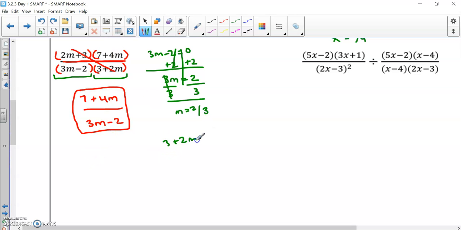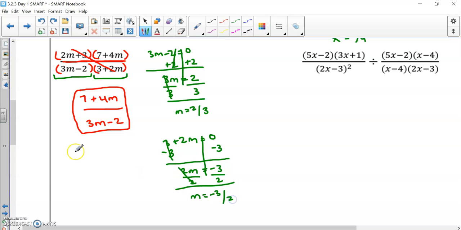So 3 plus 2m equals 0. Now we can subtract 3 from both sides, so we get 2m equals -3. Divide both sides by 2, and we end up with m equals -3 over 2. So our excluded values are 2/3 and -3 over 2.